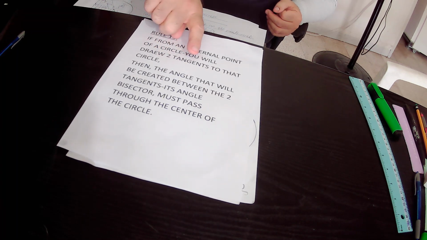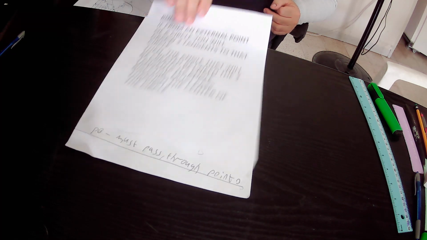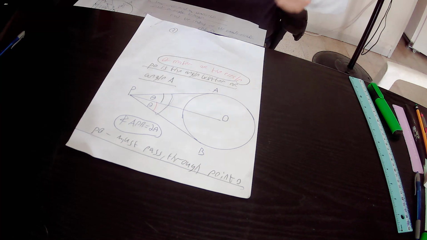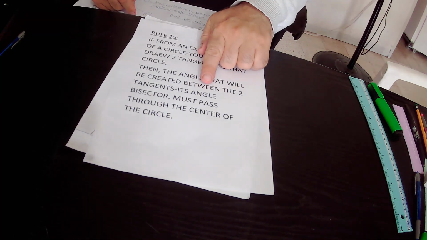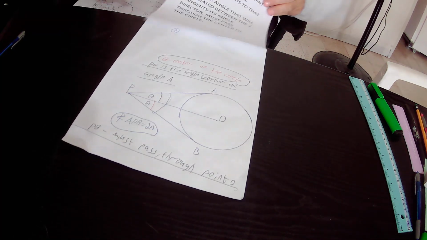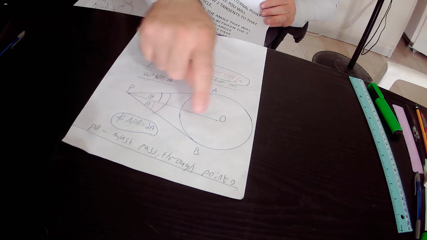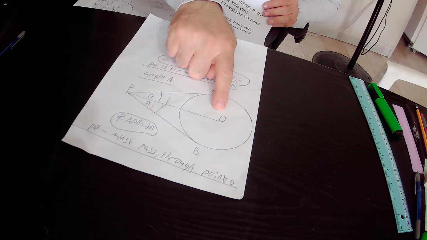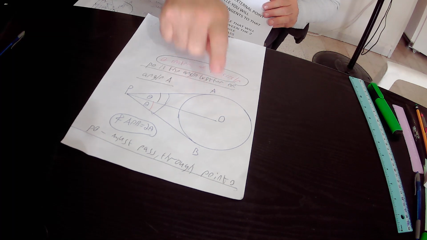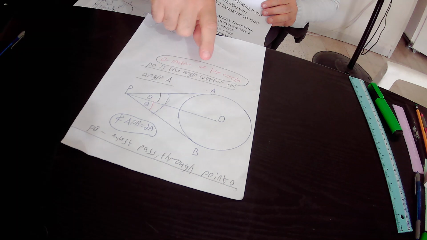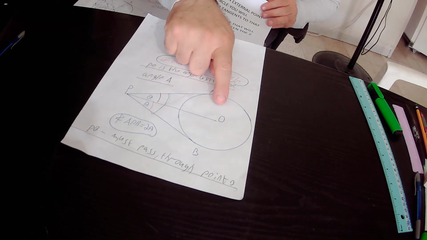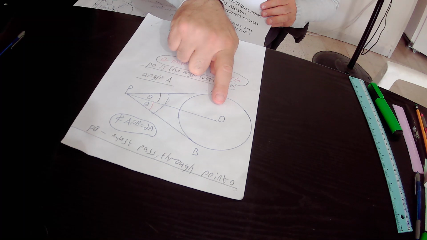Then the angle that is created between the two tangents, that is to say this angle APB, its angle bisector must pass through point O, that is the center of this circle.